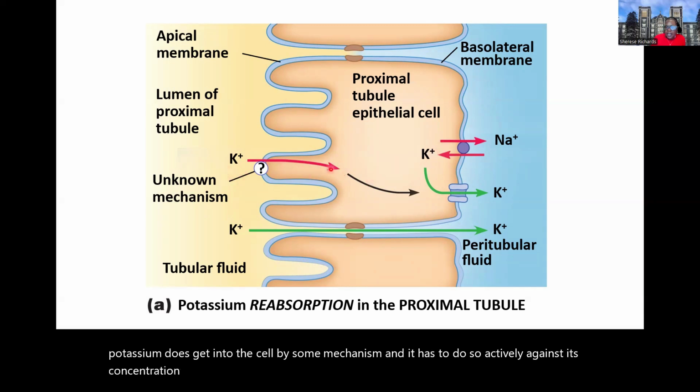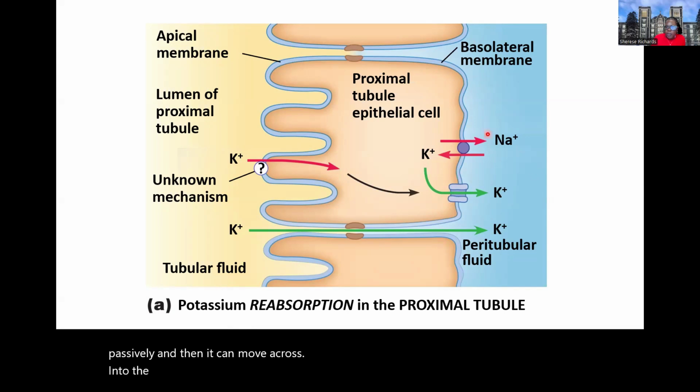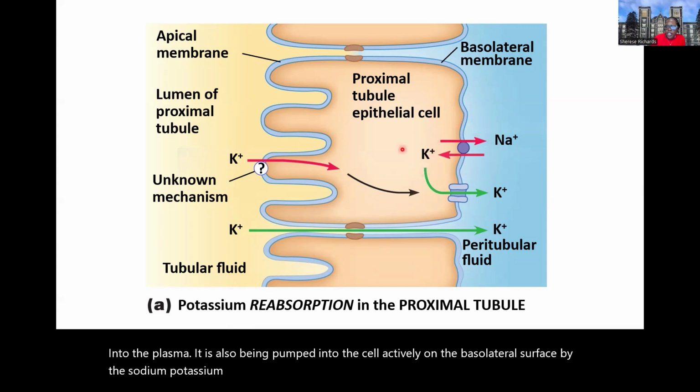So it moves into the cell actively, and then it can leak out of the cell passively, and then it can move across into the plasma. It is also being pumped into the cell actively on the basolateral surface by the sodium potassium pump, which explains why it needs to move into the apical surface against its gradient, because there's higher levels inside the cell.